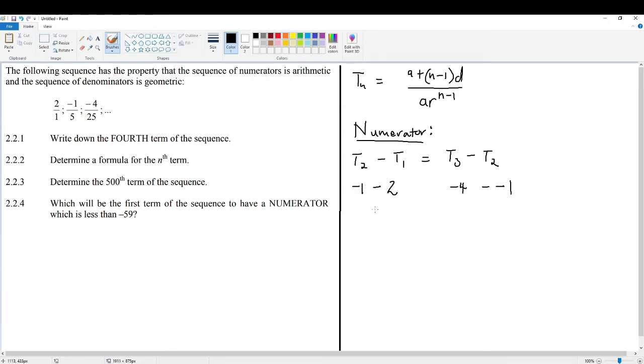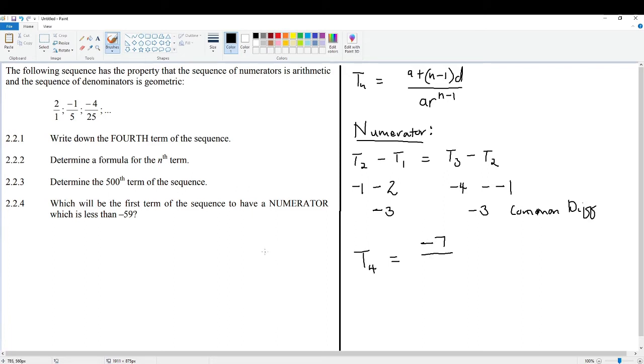Minus 1 minus 2 is minus 3, minus 4 plus 1 is also minus 3. So our common difference is minus 3. So to find the numerator of our fourth term, we add minus 3 to minus 4, and this gives us minus 7. That is the numerator.